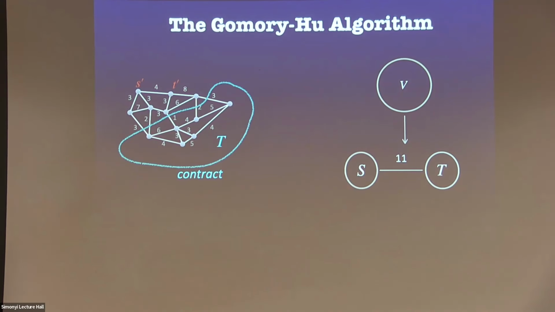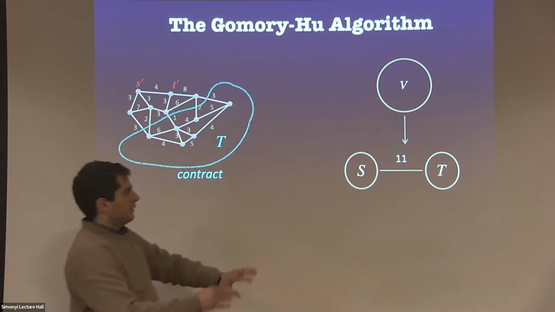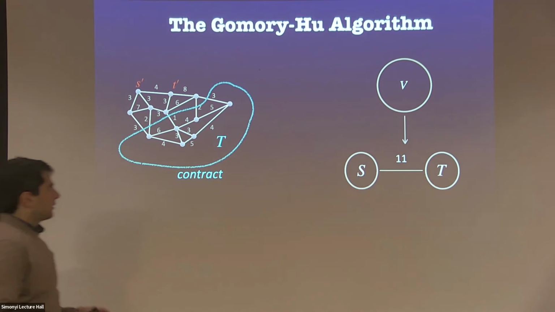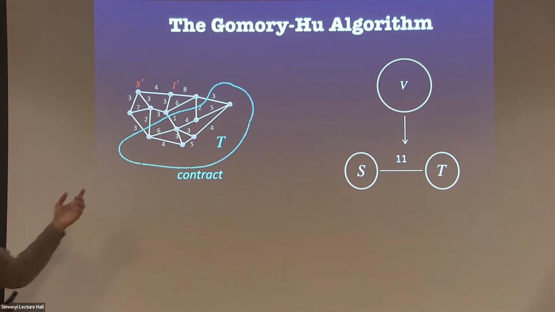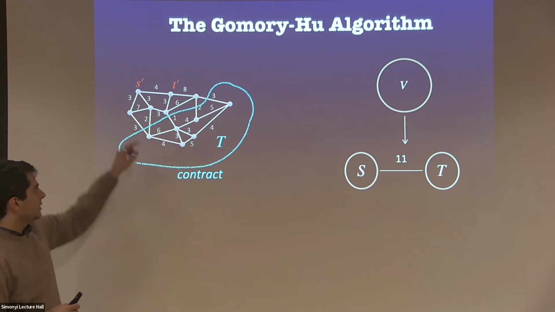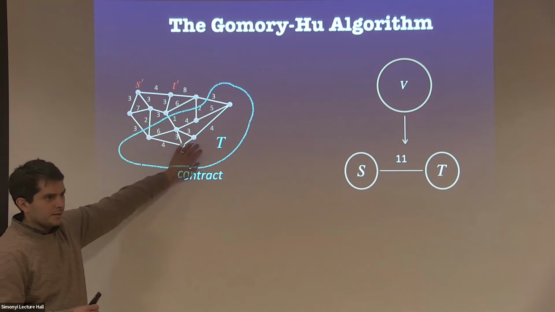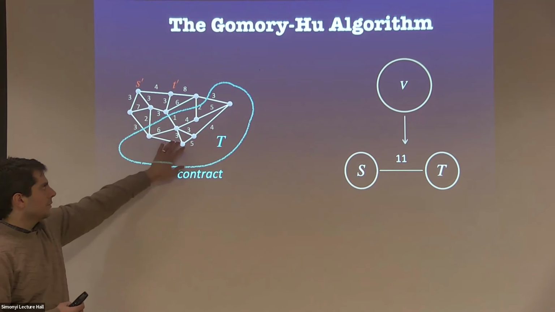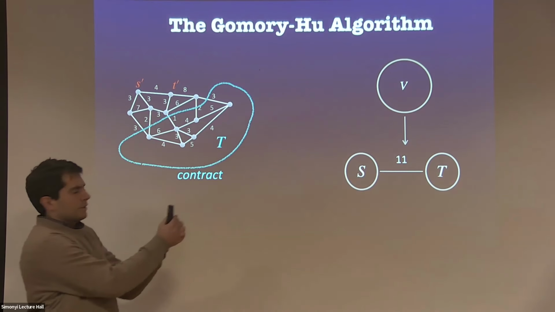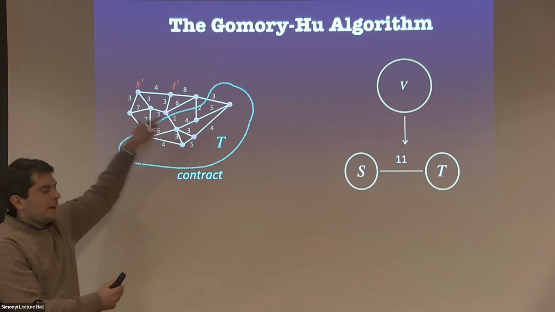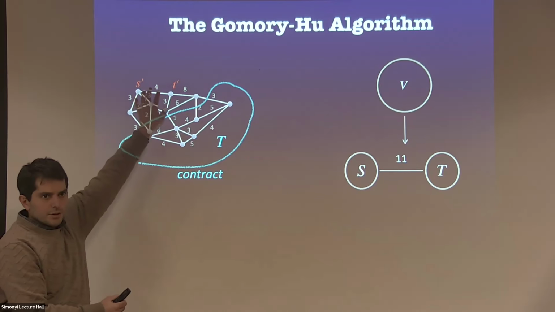And you continue. It's like a divide and conquer thing. You divide it, and then you continue recursively on the two sides. But a critical thing is that when you continue on S, you have to contract T. It's a clever thing that happens. You take T, contract it into a single node, adjust the edge weights, and do the same thing on the contracted graph.